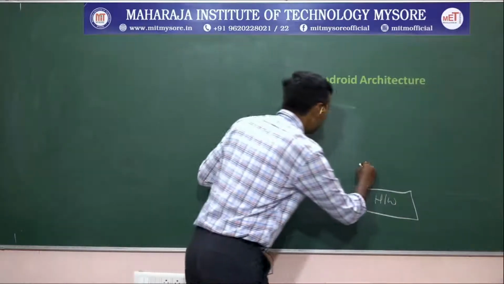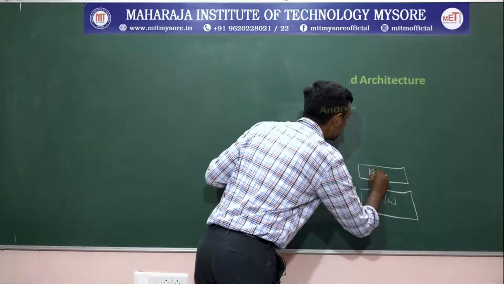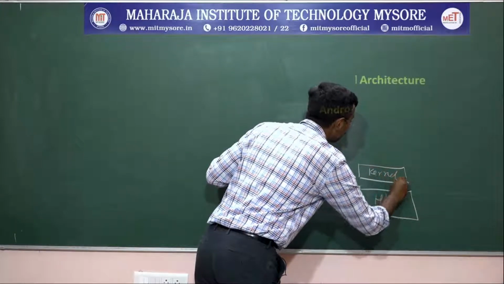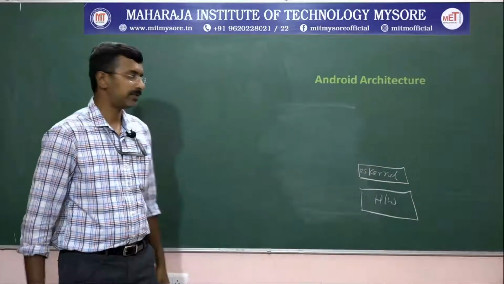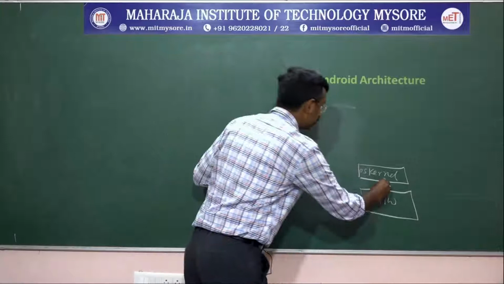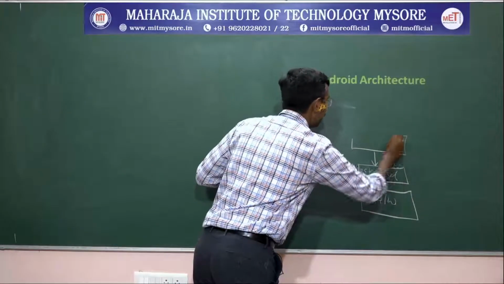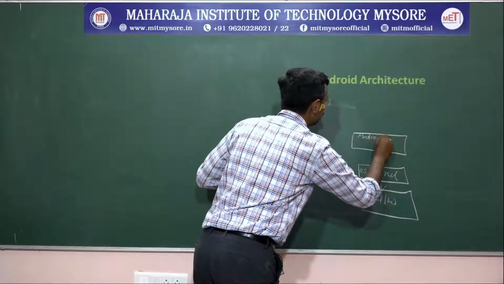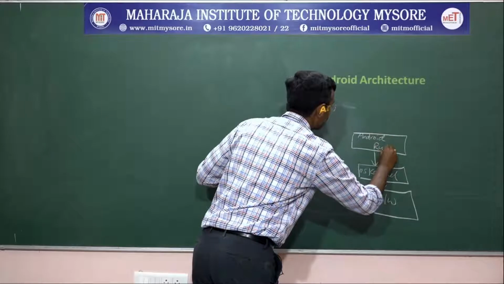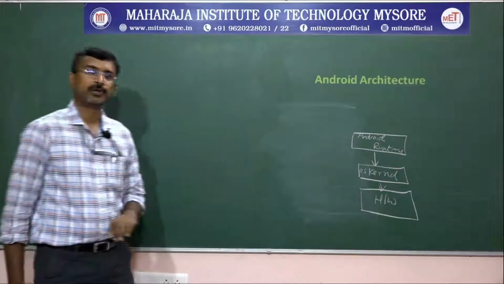The first thing it consists of is the kernel services, the OS kernel, because this is the one which will interact with the hardware. Then we have the Android runtime, a very interesting and very important topic that we'll be discussing.